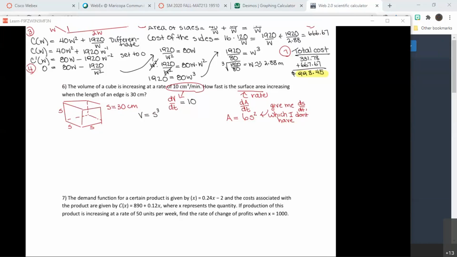This gives me 1 times dV/dt. For S cubed, the derivative of the outer function is 3S squared, and the derivative of the inner function is dS/dt. Now I can substitute the values I know from the problem, namely that dV/dt is 10 and S is 30, and solve for dS/dt.